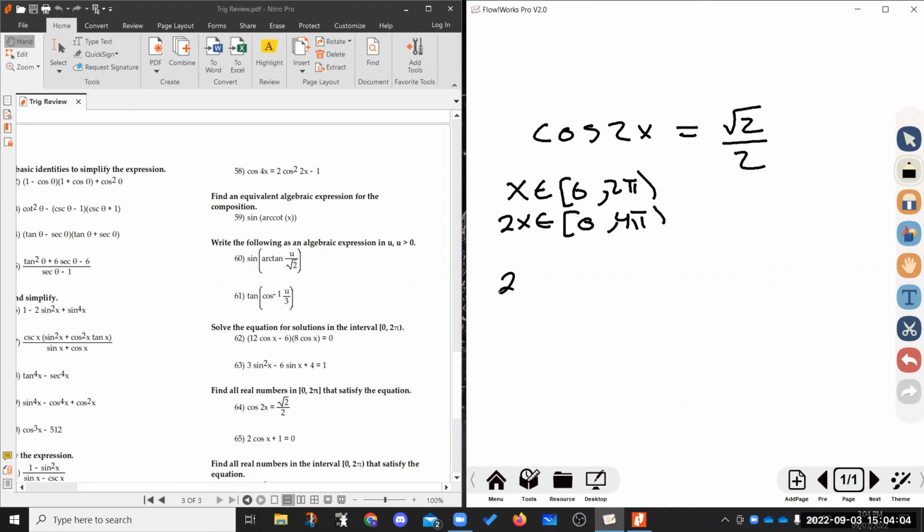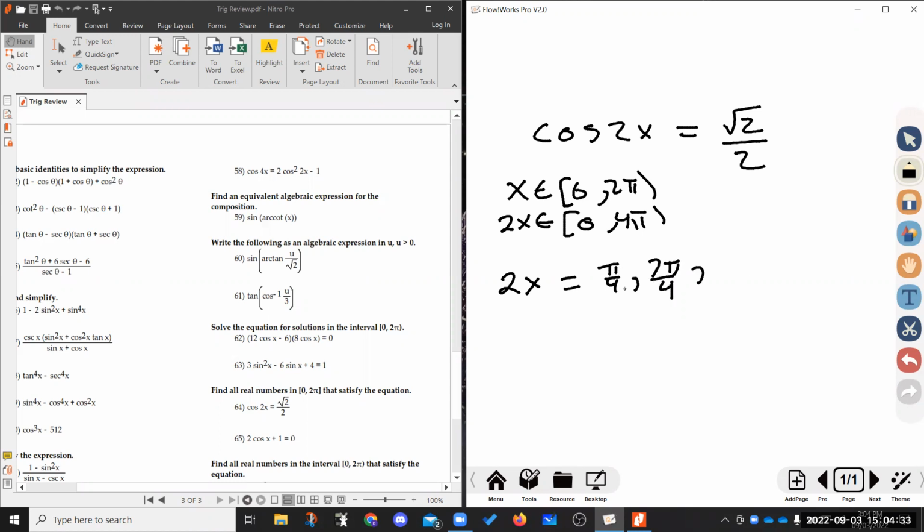So 2x is going to be equal to, let's see, so I could have pi over 4. Sorry, this is my first answer. Pi over 4. Or I could get all the way around to 7 pi over 4.